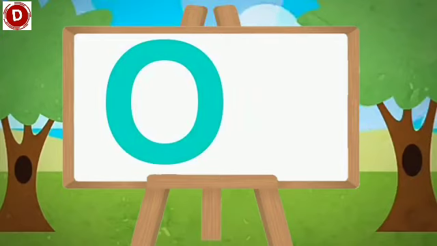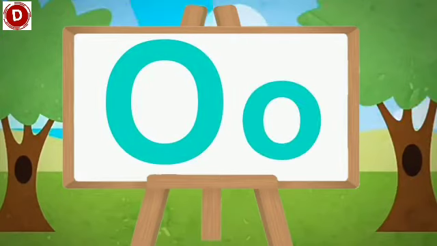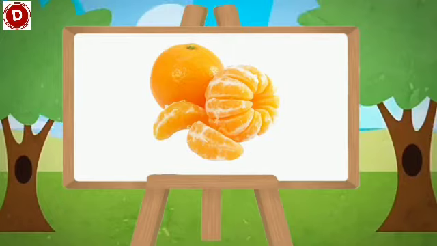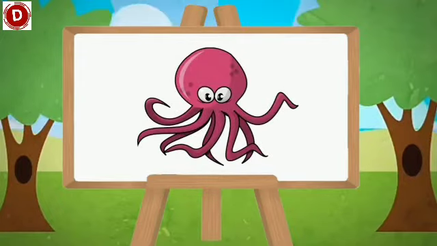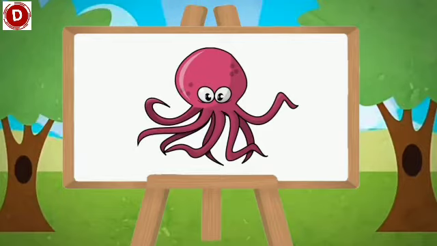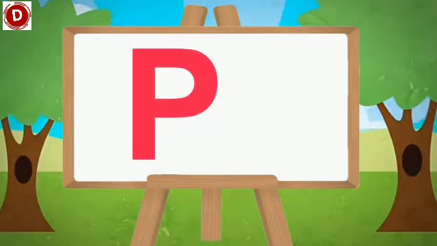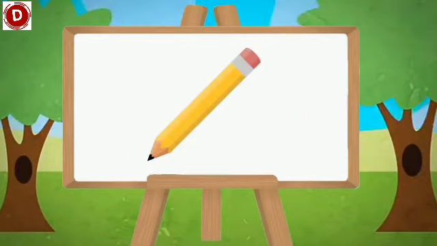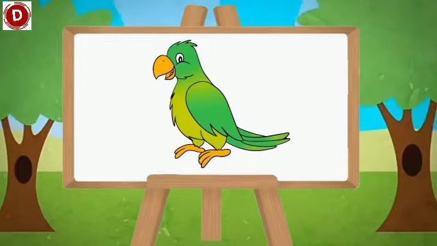Now comes capital O and small o. O for orange and O for octopus. This is capital P and small p. P for pencil, P for parrot.